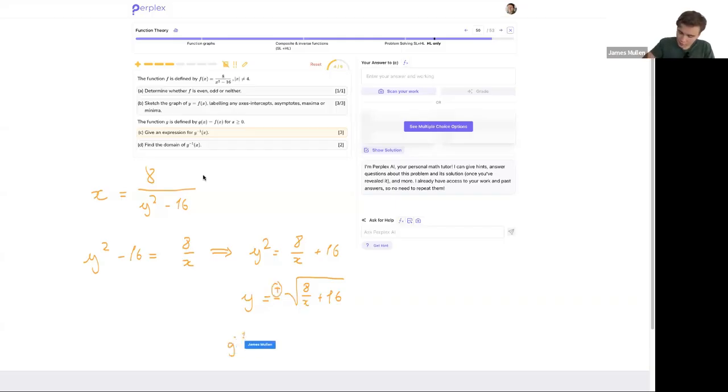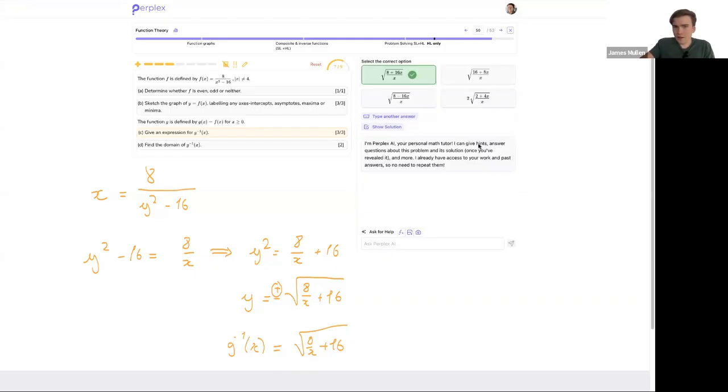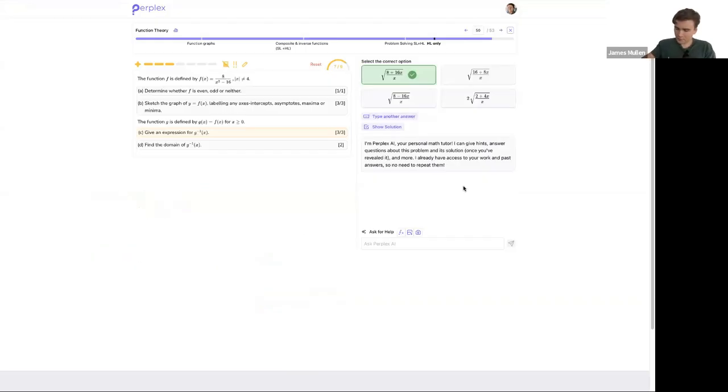So g negative 1 of x is equal to the square root of 8 over x plus 16. And let's look at the multiple choice answers. It's putting it over a common denominator. If I put 16 over x, it's 8 plus 16x over x. And that's that option. Yep, perfect.